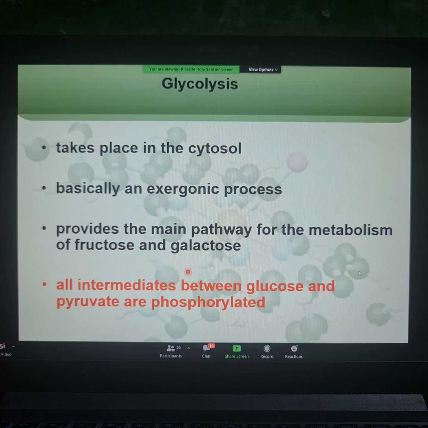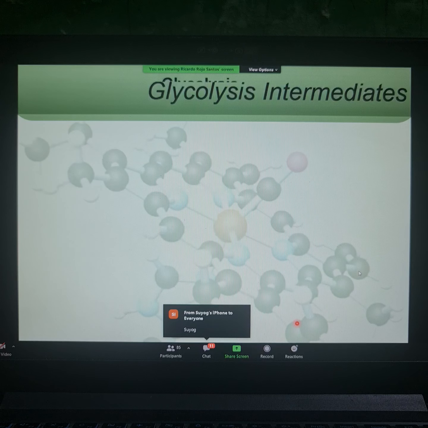Now, all intermediates between glucose and pyruvate are phosphorylated. Why so? Because of the action of hexokinase and glucokinase, the kinase that initiates the conversion of glucose to glucose 6-phosphate.